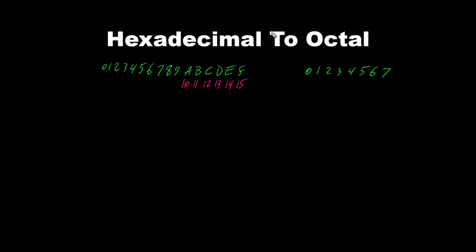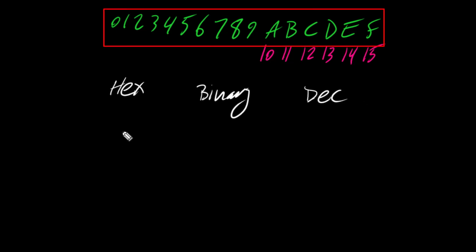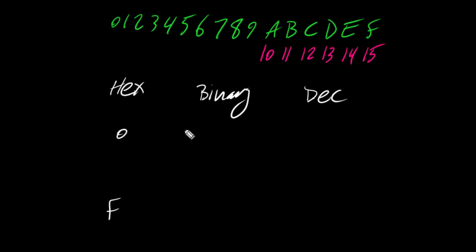First let's take a look at hexadecimal numbers and see why we have 4 bits per hex digit. If this is our hex number, this is our binary, and this is our decimal. Let's say the range of hex is 0 to F. And as I mentioned earlier, for every hex digit we have 4 bits.